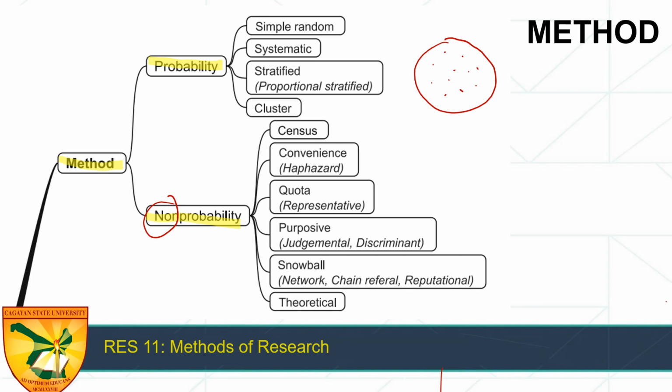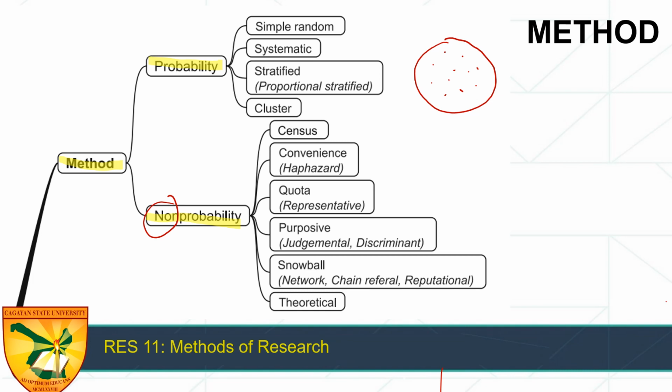This way, you can use the lottery method, the fishbowl method, or the calculator method. Systematic is the same as simple random sampling, but you do it systematically. You choose, for example, the second, fourth, sixth, eighth, 10th, and so on until you fulfill your sample size in selecting your samples.